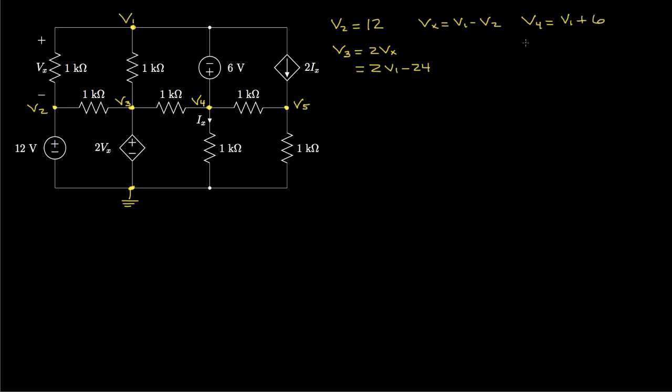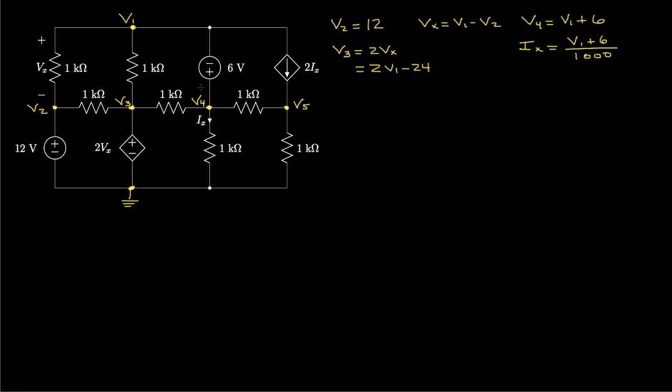And then Ix, this current, well, that's V4 minus 0 over 1,000. So that's going to be V1 plus 6. V4 is V1 plus 6 over 1,000.